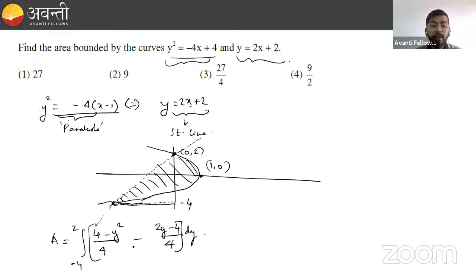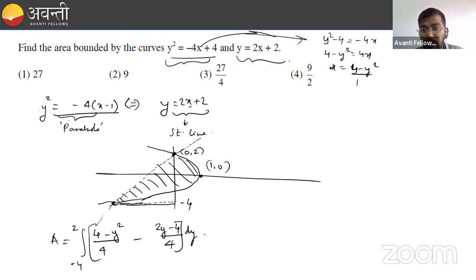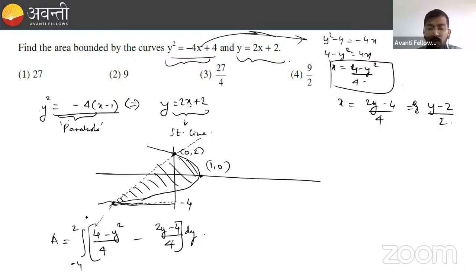What we did here is, y square minus 4 equals minus 4x. Similarly, 4 minus y square equals 4x. So x can be written as 4 minus y square upon 4, right? And here we can write x as 2y minus 4 upon 4. It first comes out like this, but we have to match the denominator so that our calculation becomes easier. That is why we are making it 2y minus 4 by 4, right?